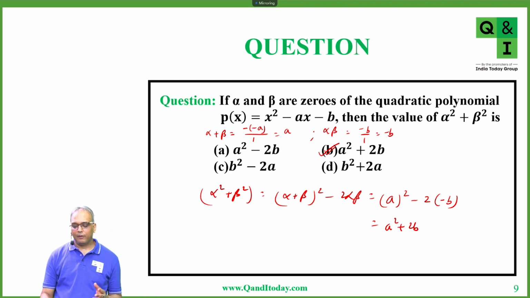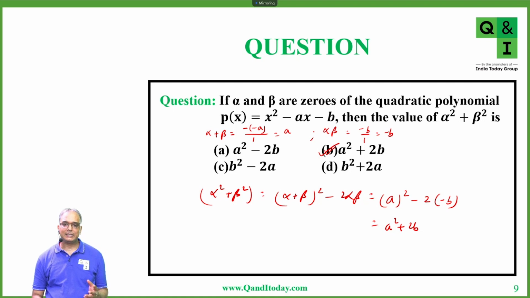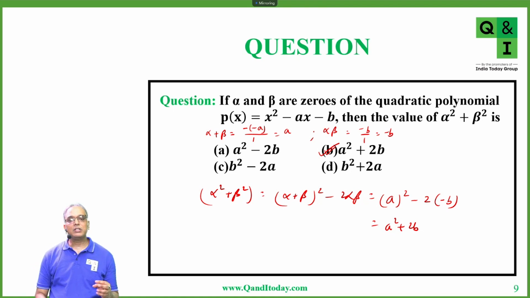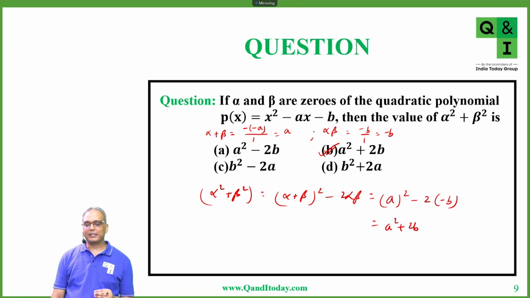So the polynomial was given x square minus ax minus b. We found the sum of the zeros of the polynomial, that was alpha plus beta. And we also found the product, right? Alpha beta. So alpha plus beta is minus b by a, and alpha into beta is c by a.